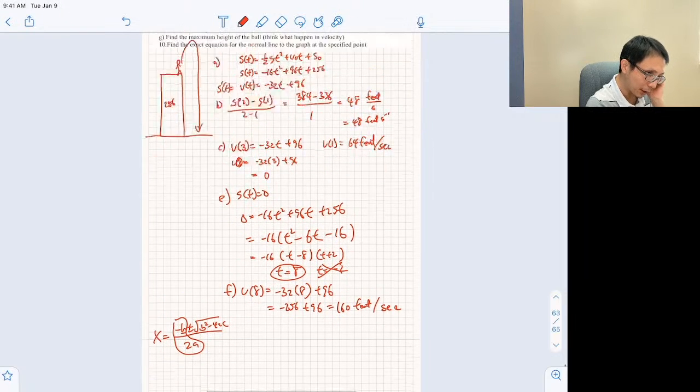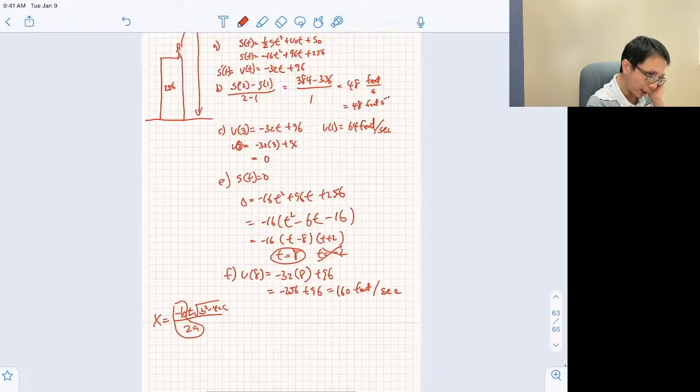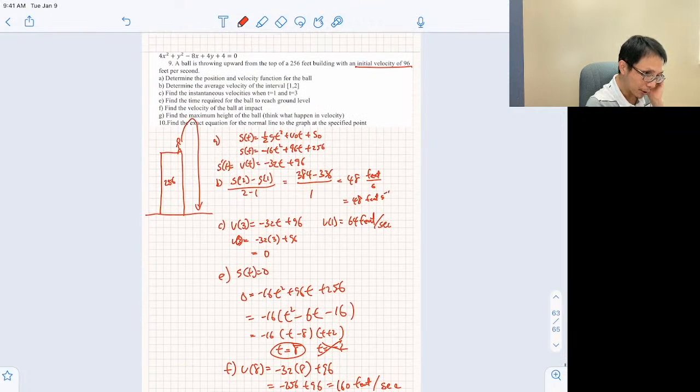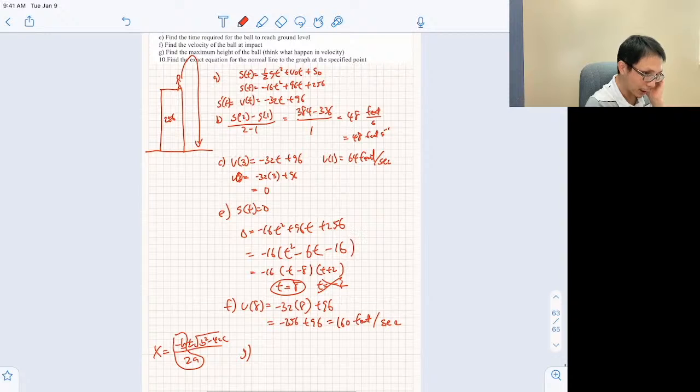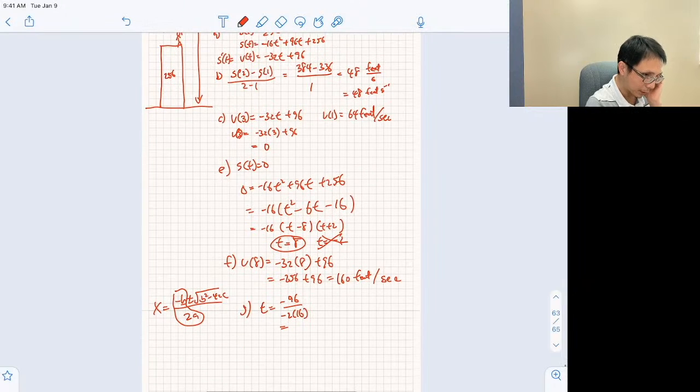Let's use that to find the time to reach your maximum height, right? So t is equal to negative b over 2a, which is negative 96 over 2 times negative 16. Does that make sense? So that's equal to 3 seconds.